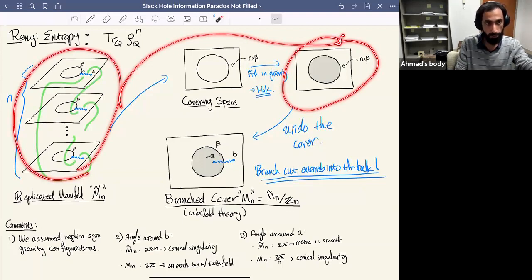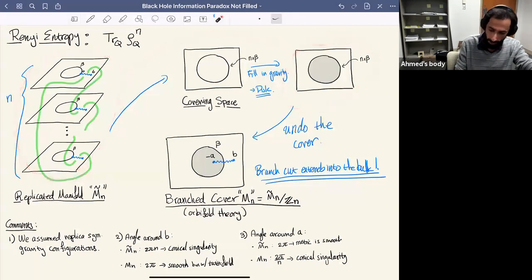The angle should be just 2π. However, when we go to the branched cover theory, the angle around A is actually not 2π, it's 2π over n. Okay, so those were my three comments. Please ask me questions about the slide.